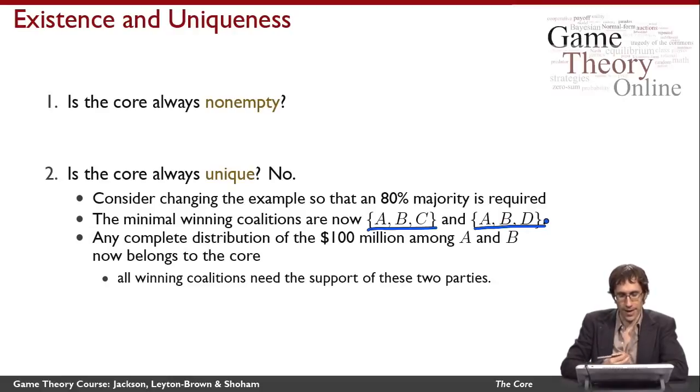And it's now the case that A and B are required in all winning coalitions. And this means that any complete distribution of the 100 million between just A and B is going to belong to the core, because there's no way that C and D, even if they're not paid anything, can go off and form some different coalition that would pay them more. And so the grand coalition is stable as long as A and B get paid everything.